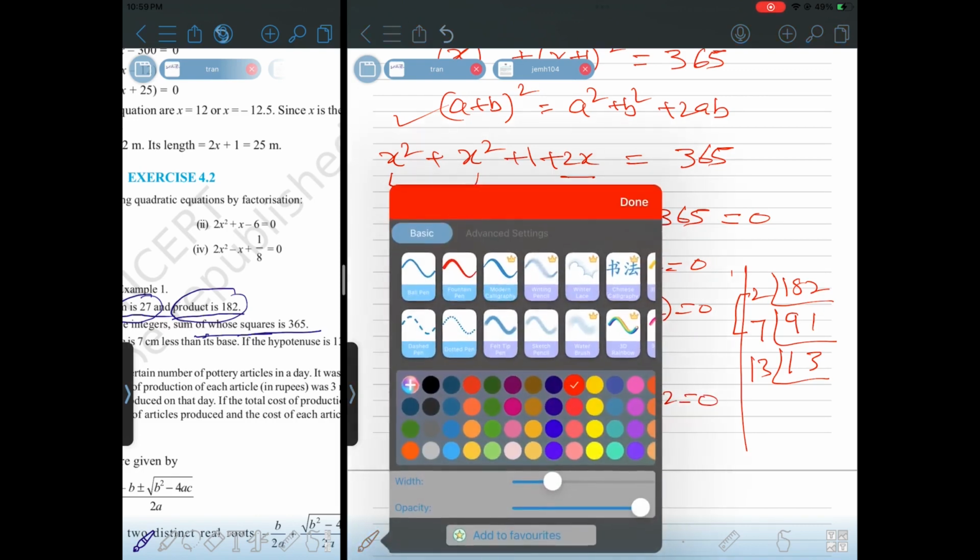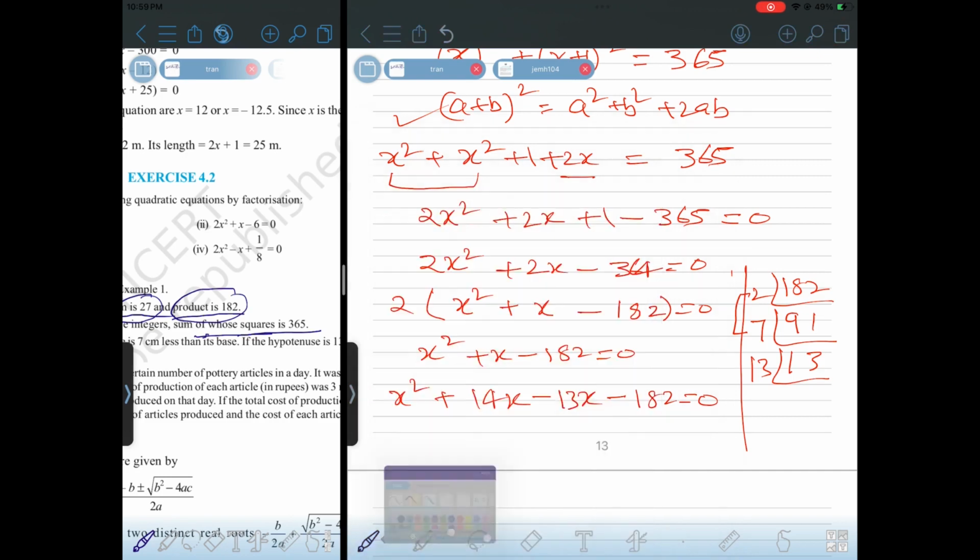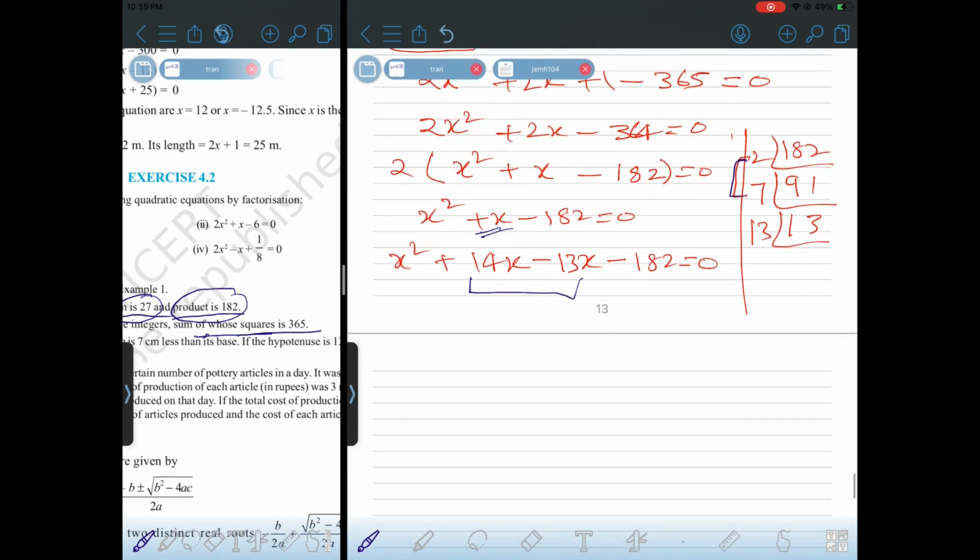What I did was find the factors of this number, and then find a combination of numbers from these factors that gives x when added. So 14x minus 13x gives x, and when multiplied they give 182. Now you have the middle terms.